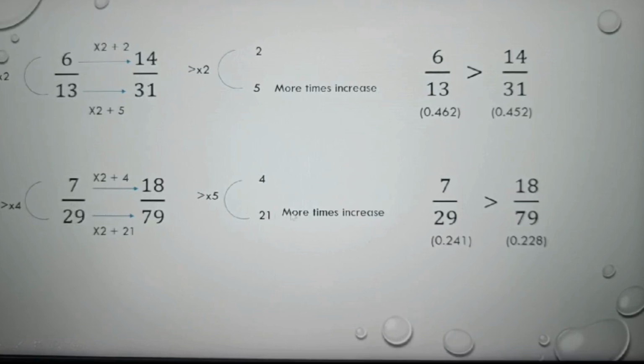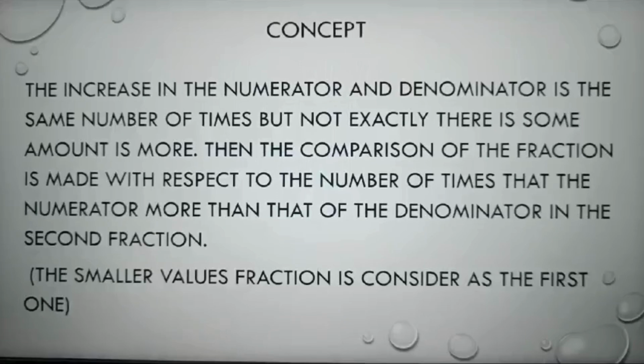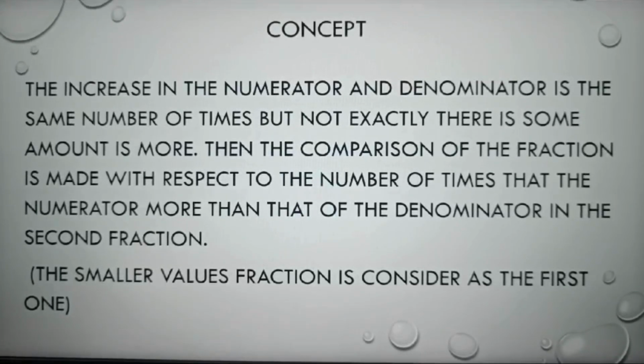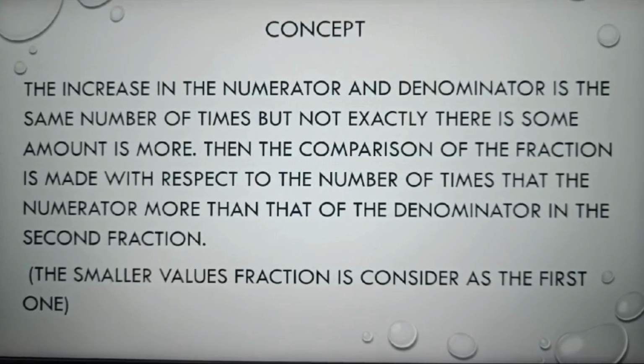So in the comparison, 7 by 29 is more than 18 by 79. That is further confirmed by the decimals. 0.241 is greater than 0.228. We learned that if the increase in numerator and denominator is the same number of times, but not exactly, then there is some additional value.